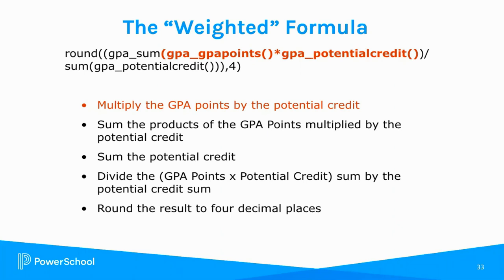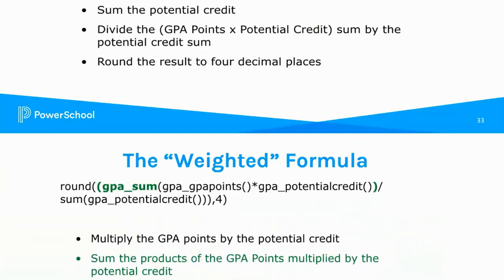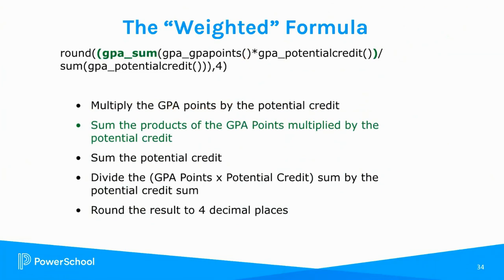So instead of doing the 4, 4, 4, 4, 4, it will be a 4, and then a 2, a 2, a 2, and so on and so forth. So it's going to do the math of the potential credit first, and then it's going to sum that together.